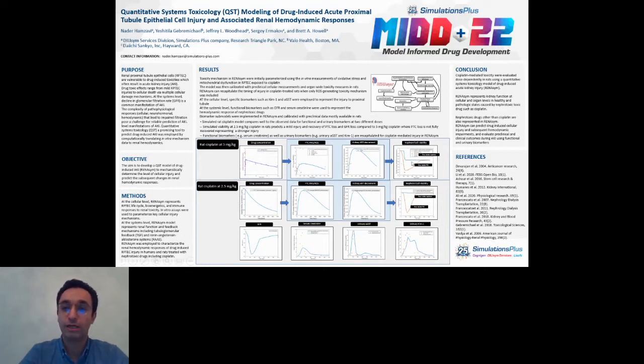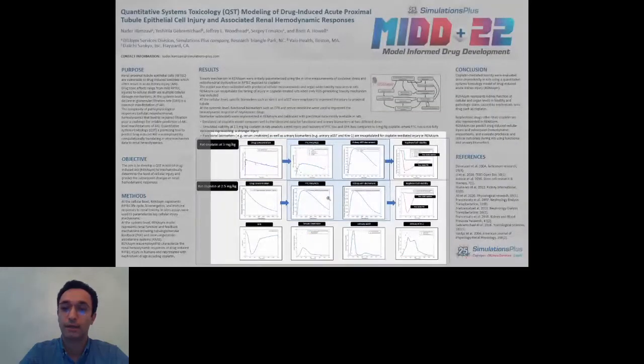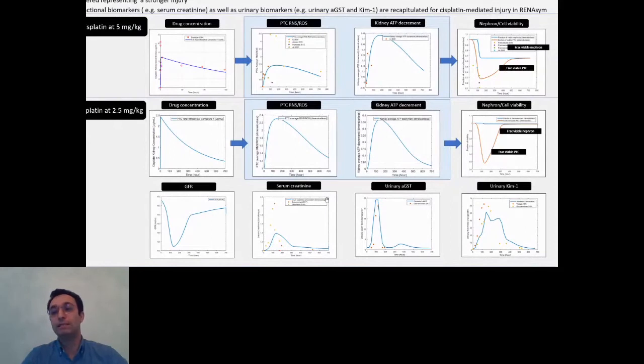It is hard to find exactly the information about the PTC loss, the number of cells or the number of nephrons, but we have some information about the tubular cells with necrotic cells. We use them as a marker for cell viability.